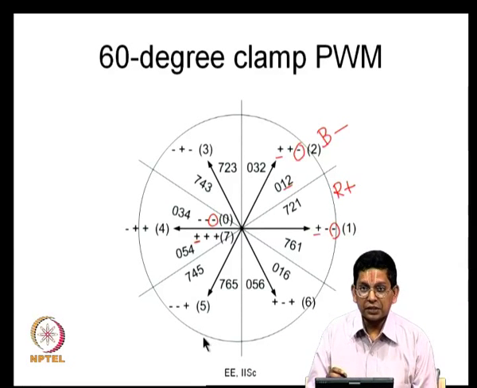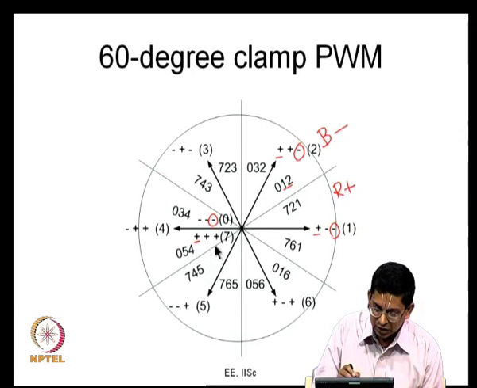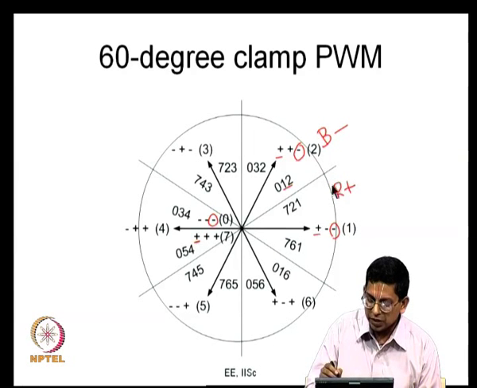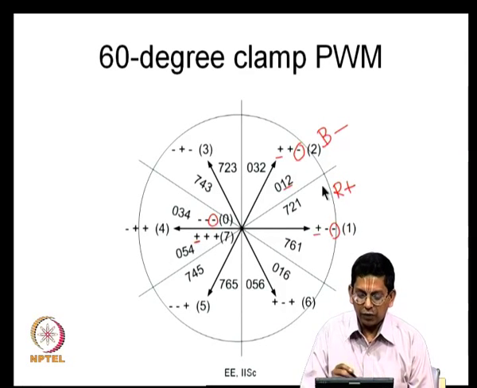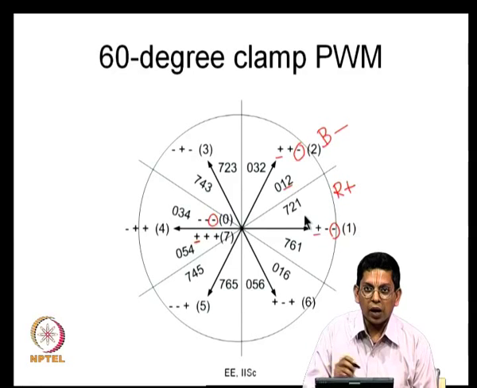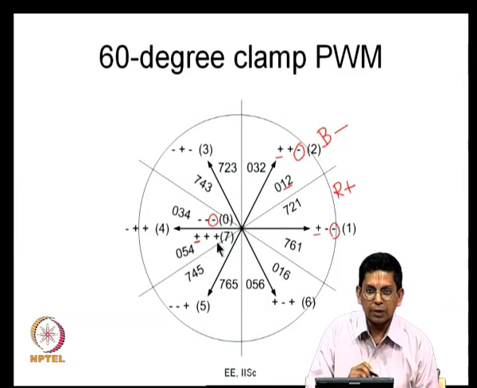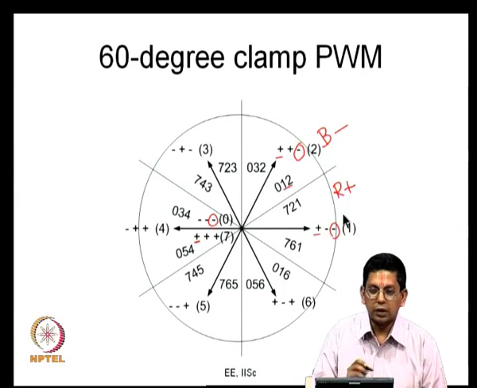Either R phase or B phase can be clamped. If the null state that you use is plus and you avoid this other 0 state minus, then you have the result of R phase getting clamped to the positive bus. Again, if you have a reference vector falling within sector 1, and if you are using minus and not using plus, you will have B getting clamped to the negative DC bus.